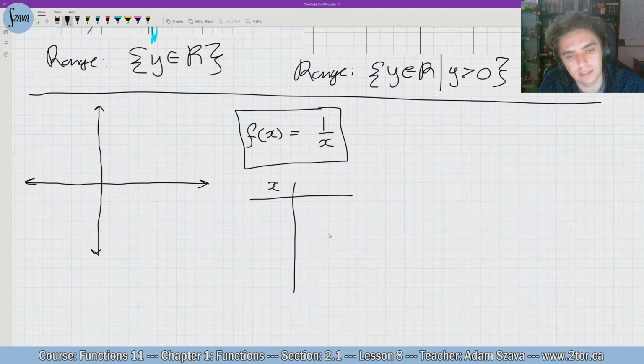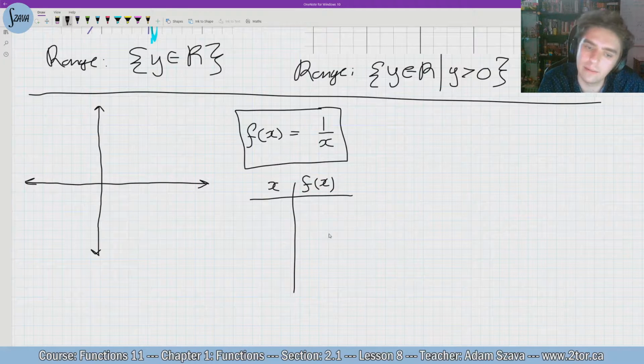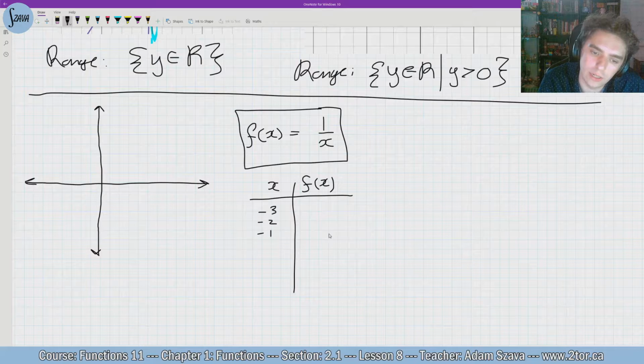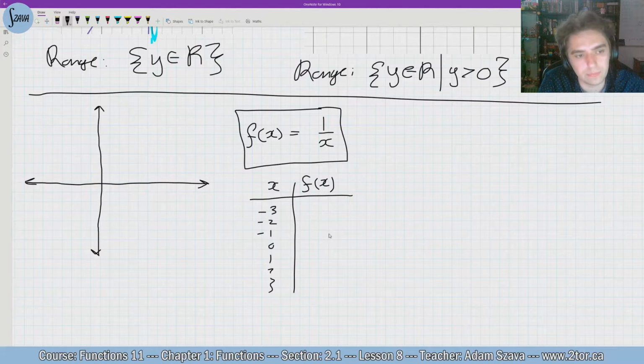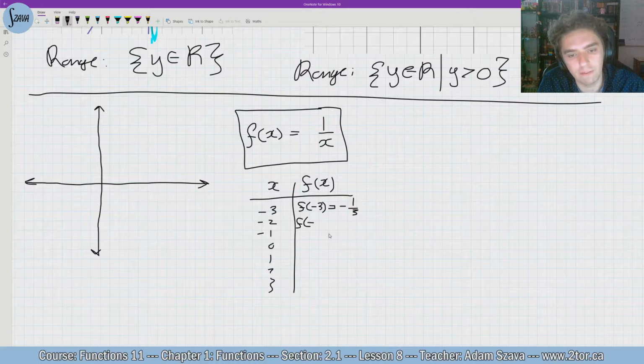So f of x and x here. I'm going to choose some x values: -3, -2, -1, 0, 1, 2, 3. F of -3 is going to be -1/3. F of -2 is going to be -1/2.